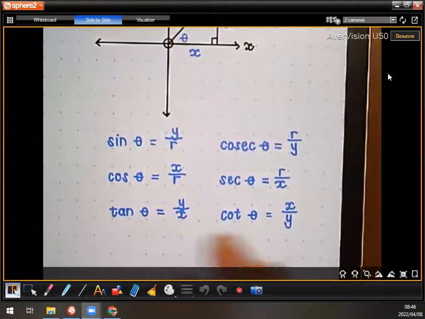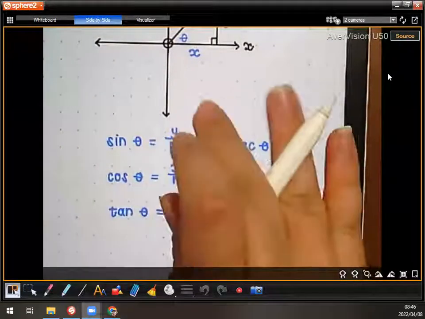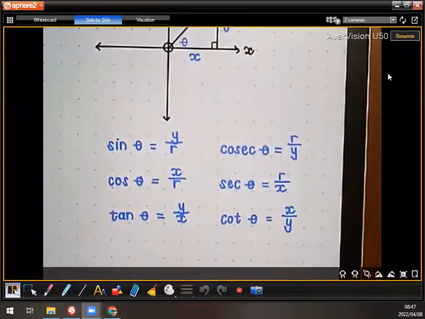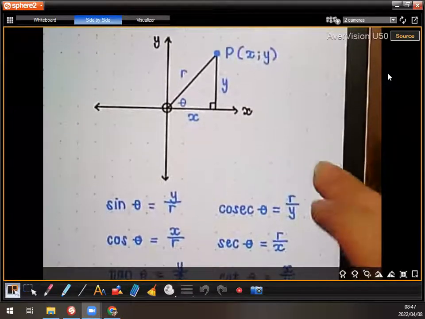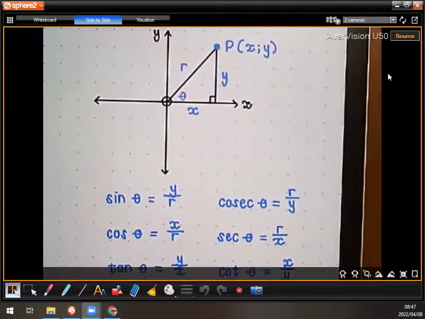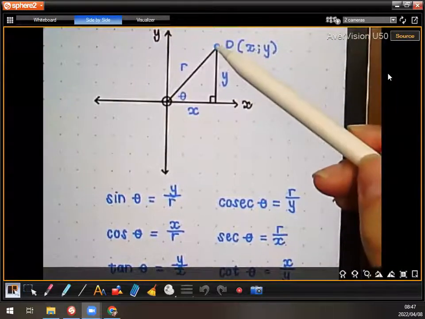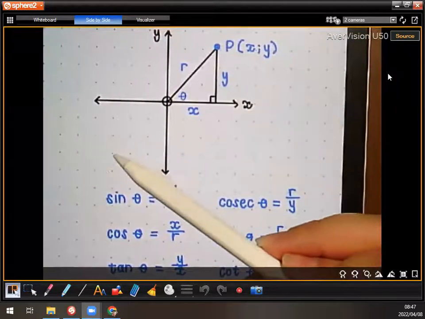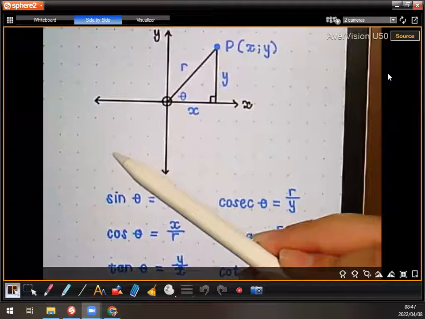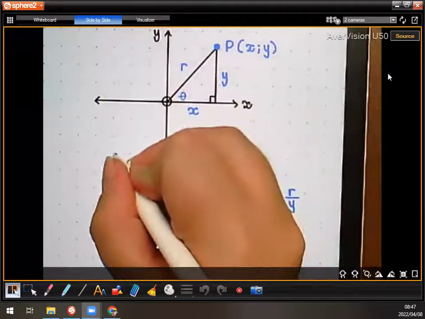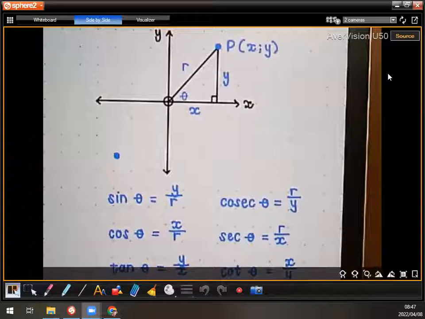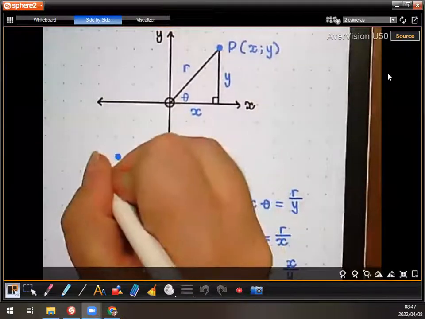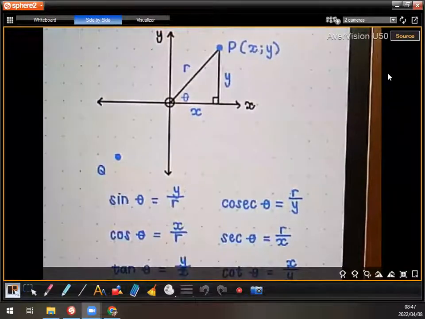Alright, what will happen if you are drawing the same identical triangle in a different quadrant? Say, for example, and I'm just going to draw it, we won't actually write any of the ratios down, I'm now putting point P. I'm just going to eyeball it. I don't know if it is going to be exactly the same place, but let's put a different point. Let's call that point Q in the third quadrant.